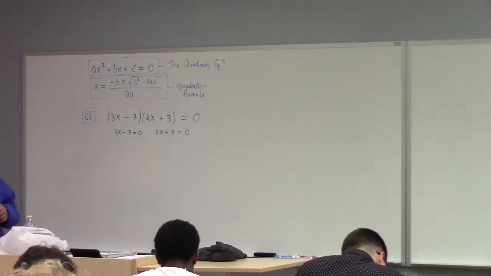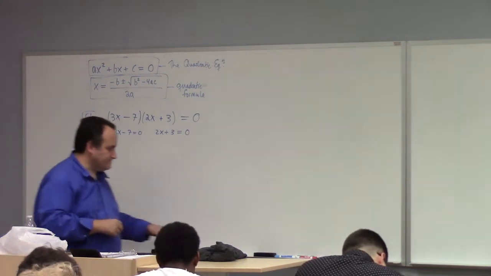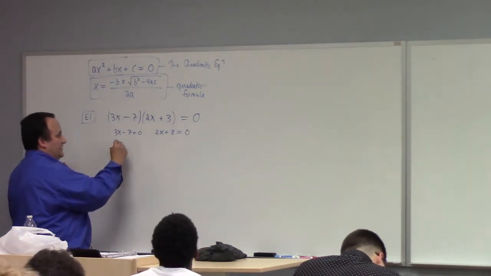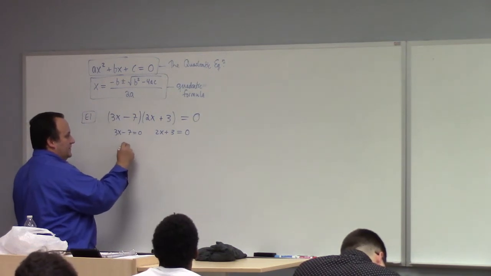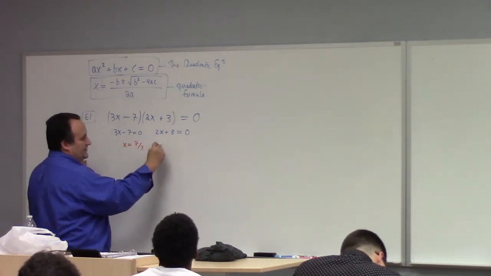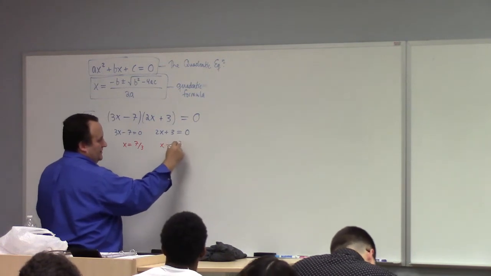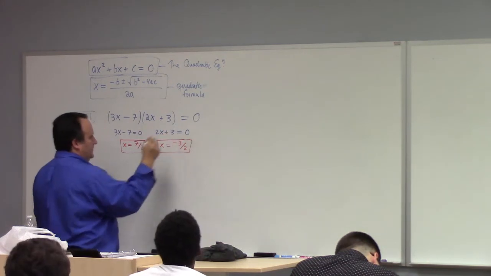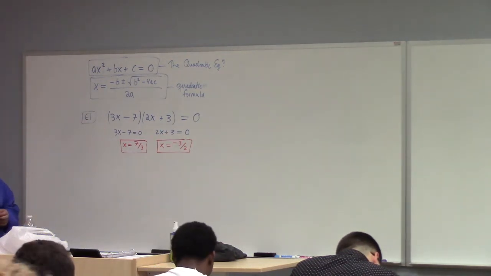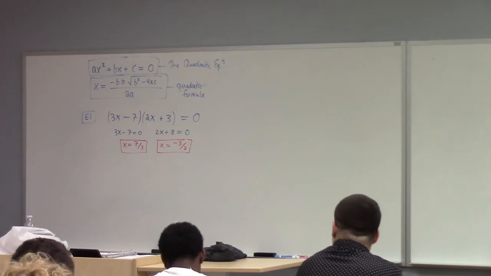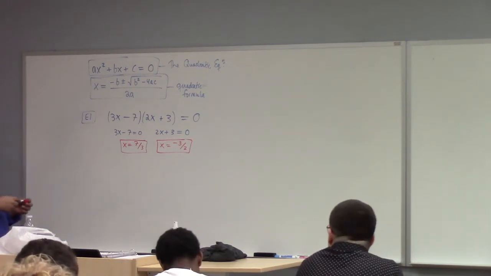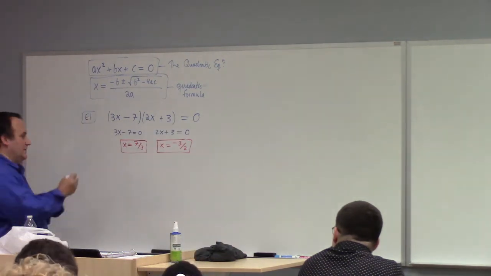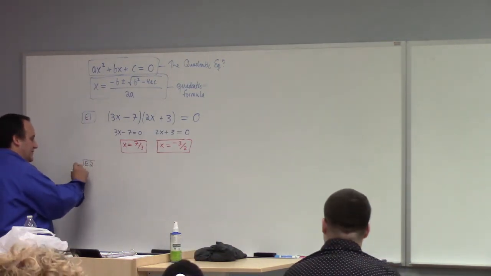And what do those give us? x equals 7/3 or x equals minus 3 over 2, right? So if the problem is already factored, then don't fight it. Use the factoring principle.